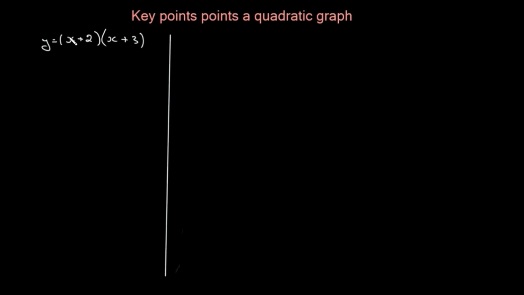Let's change the colour of some of these, shall we? Let's change the X there to that colour, and we'll change the 2 to green. So yes, that's a 2, that's an X. How do we multiply that out? Everything in that bracket is multiplied by everything in that bracket.